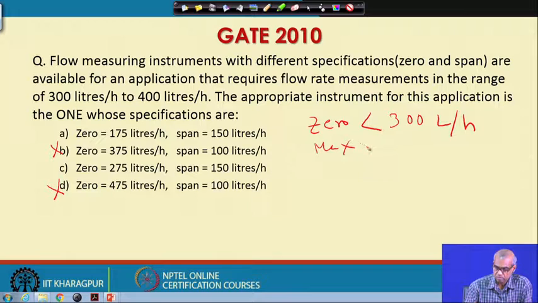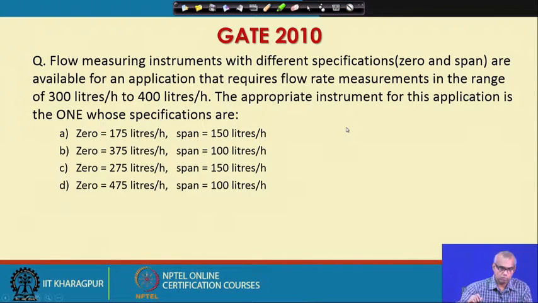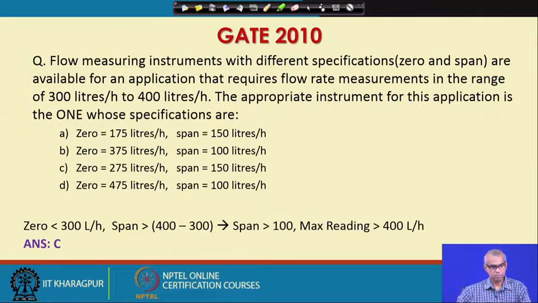So, definitely these cannot be the answer. The maximum reading should be greater than 400 liter per hour and span should be greater than 400 minus 300, that is, span should be greater than 100. So, considering all this, option C is the correct answer.